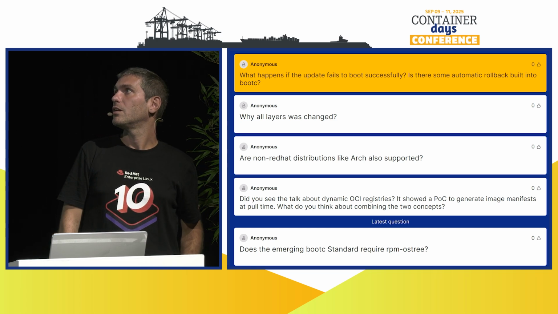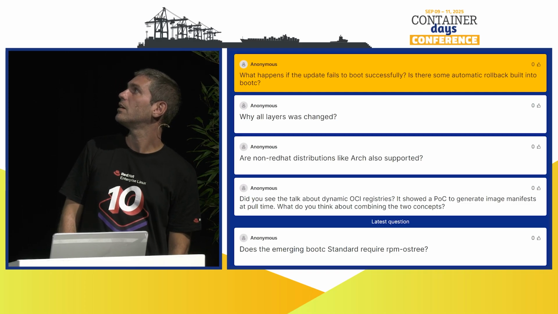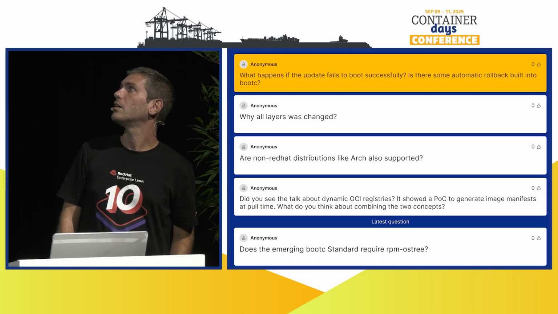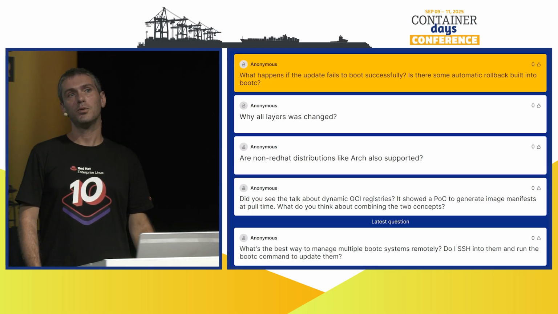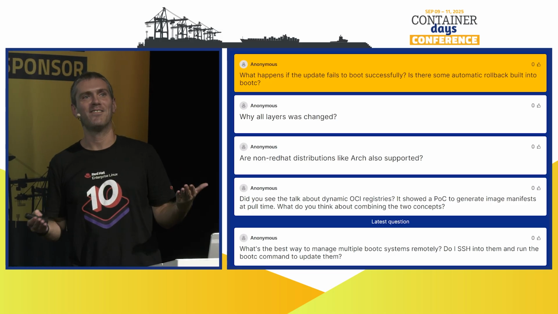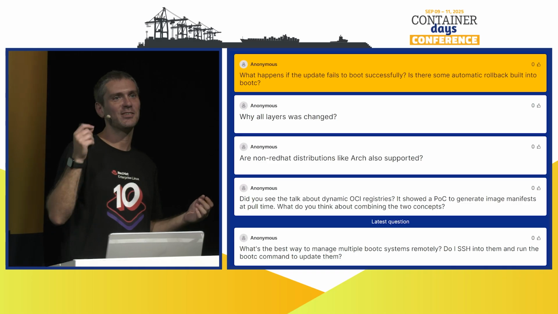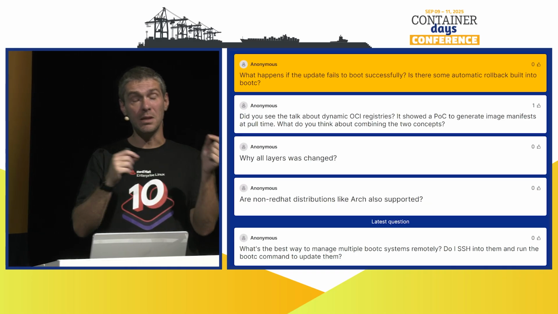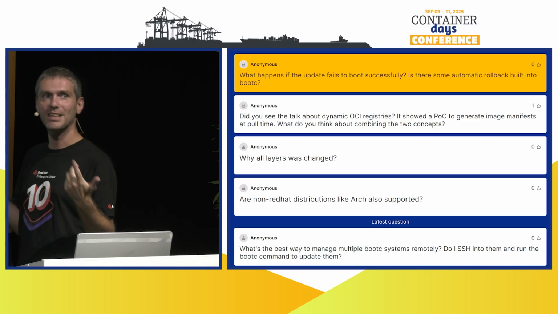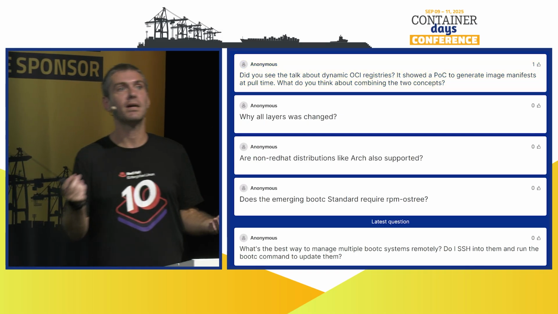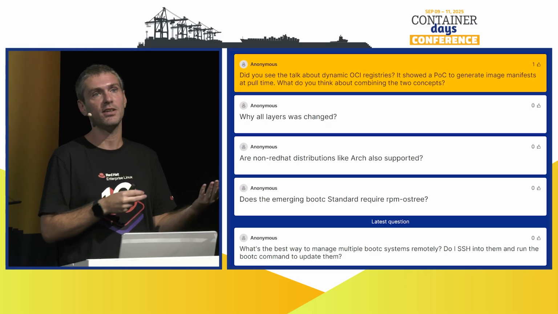What happens if the update fails to boot successfully? Is there some automatic rollback built into bootc? Okay, this potentially should not happen. Depending on what we are changing, of course, if you're doing a complete upgrade, it can happen, but there is no automatic rollback.